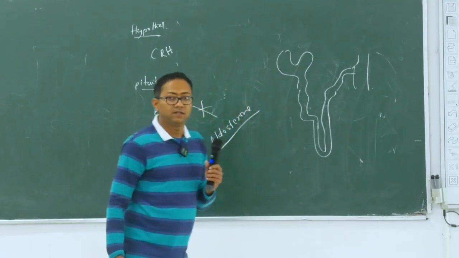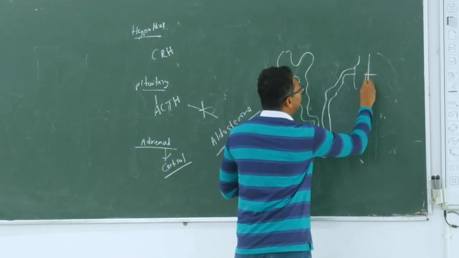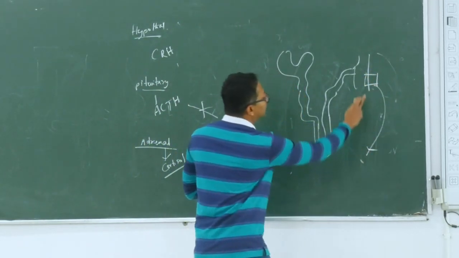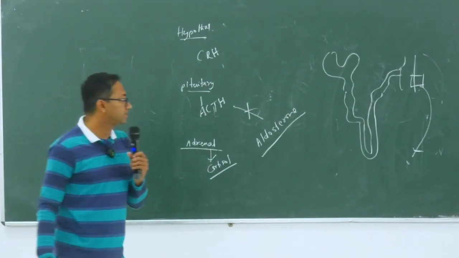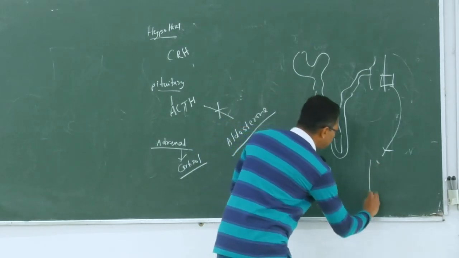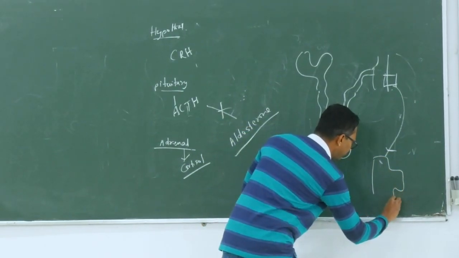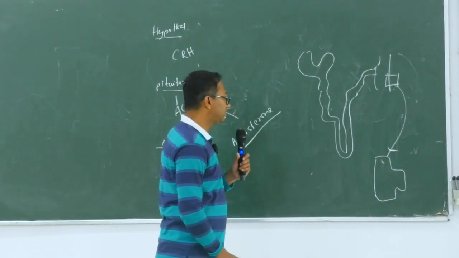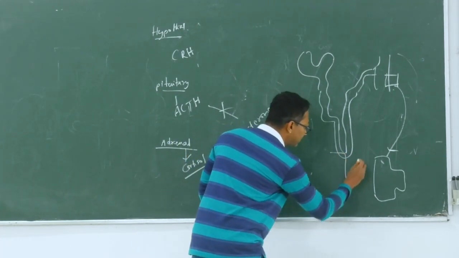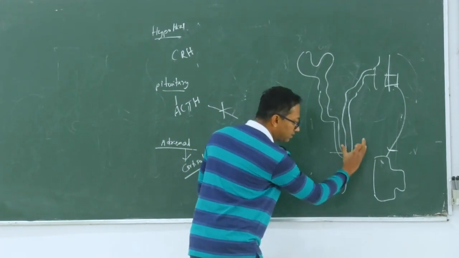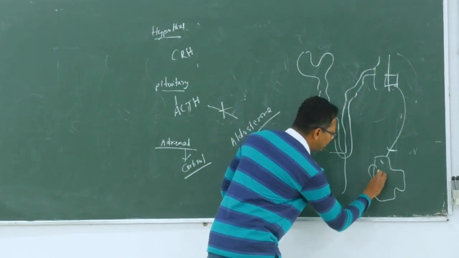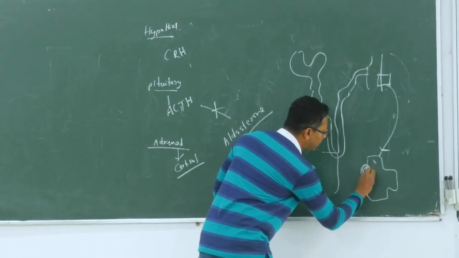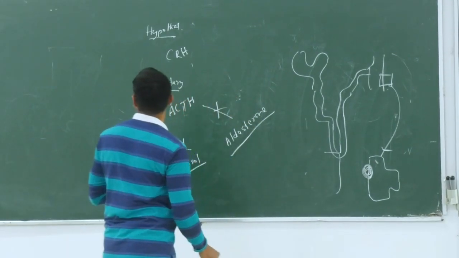If I take a cell from the collecting tubule, the cells are somewhat like this on both sides. This inside is the lumen, and here is a channel, I am drawing it clearly.